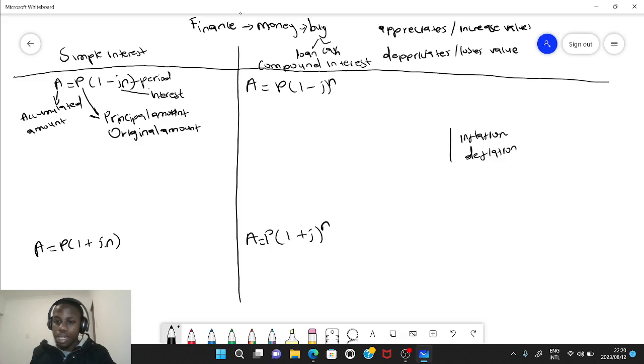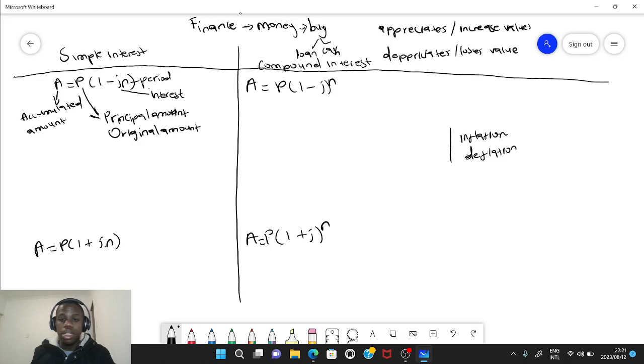Whenever we experience inflation, I want you to note, this is where the prices of goods go up. This is where the goods start to be expensive, right?